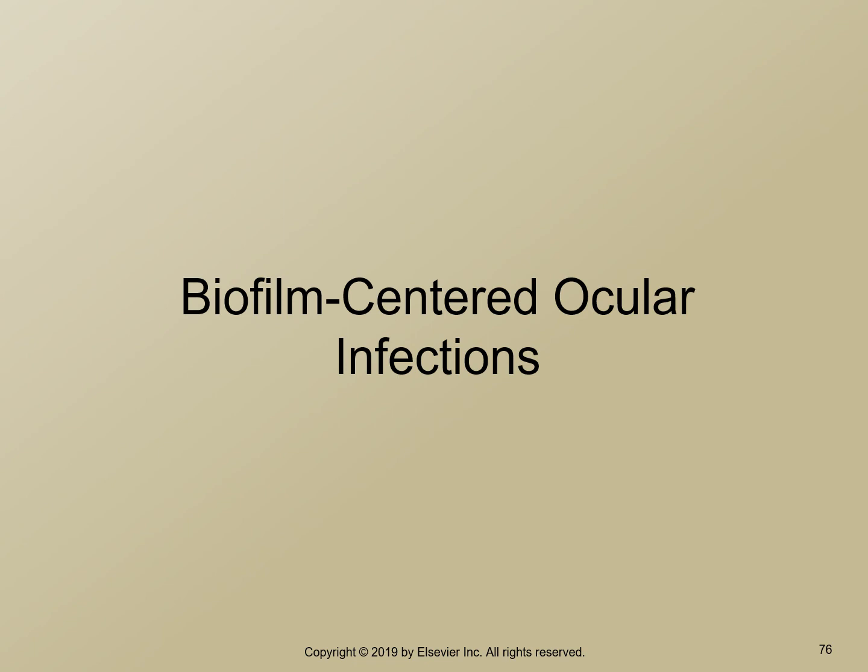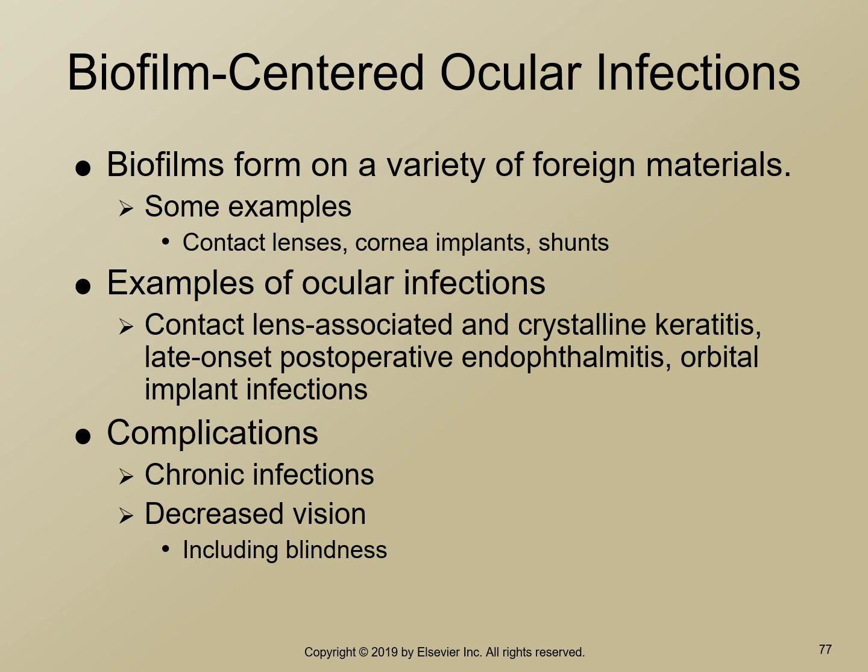The next section discusses biofilm-centered ocular infections. We discussed biofilms previously, and as was mentioned, they can form on a variety of foreign materials. So in this chapter, we're discussing how biofilms can form on contact lenses, cornea implants, and shunts.